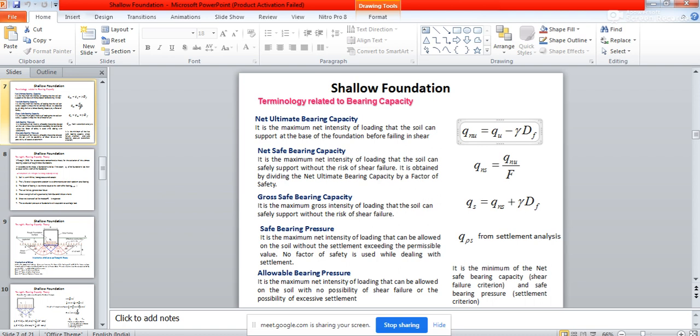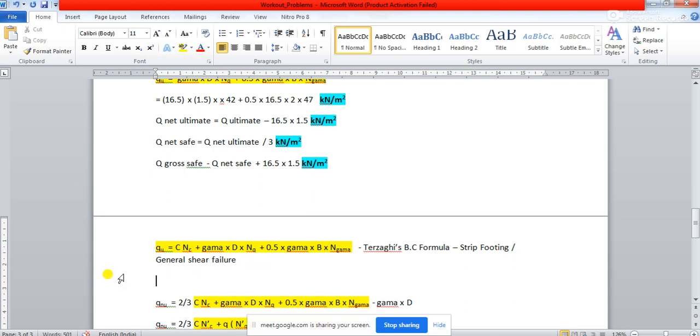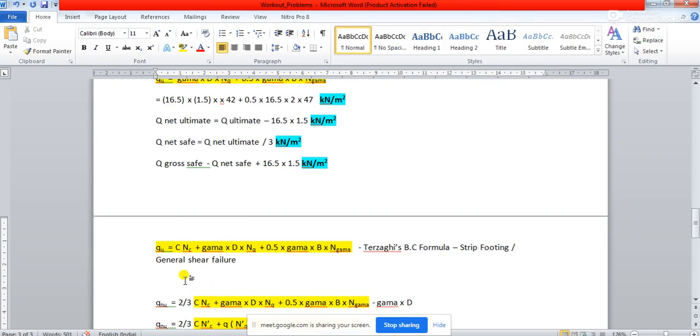Exactly that, if you do it, you will get the Indian Standard Code formula. The Indian Standard Code gives the ultimate net bearing capacity, which it defines as qd. Instead we are defining it as qnu.